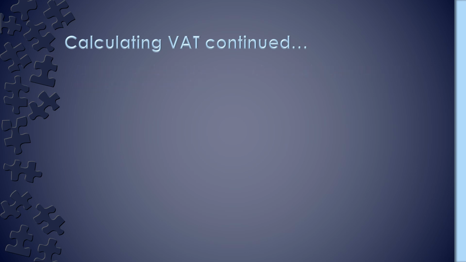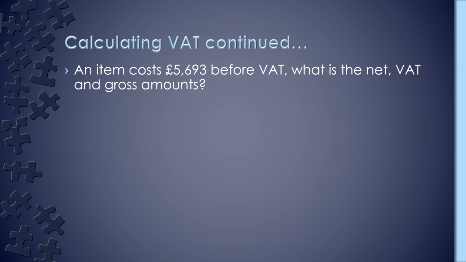Okay, so let's look at another example before we go on to a slightly different style question. Here we have an item that costs £5,693 before VAT. So we know we're going to have to add VAT on, so the number's going to get bigger. This isn't our biggest number, so it's going to have to be our net amount.